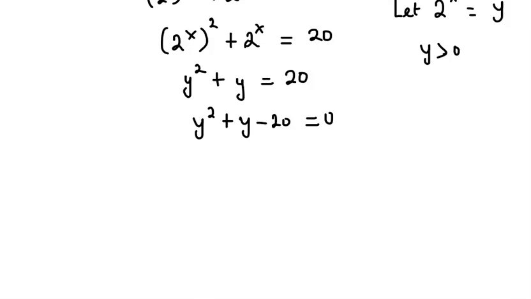Now let us talk about this equation. Let us find the product of the leading term and the constant negative 20. So their product is negative 20y squared. We're going to look for two terms whose product will give us negative 20y squared and whose sum will give us just y.